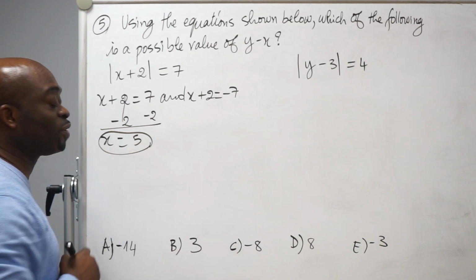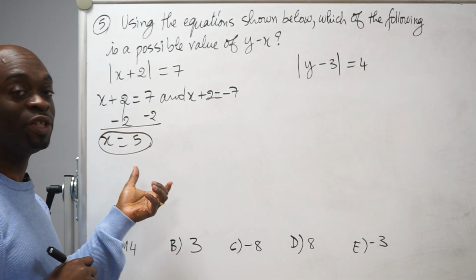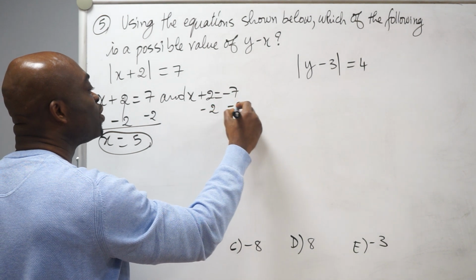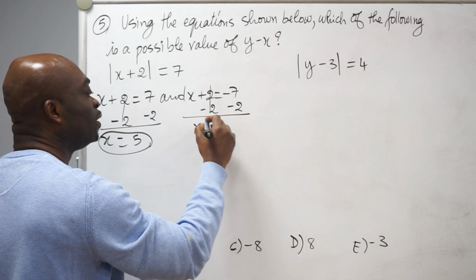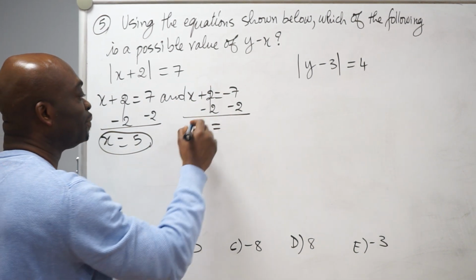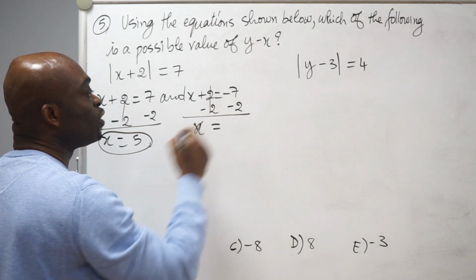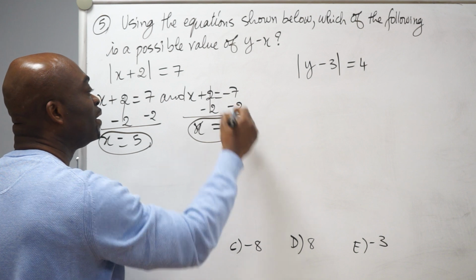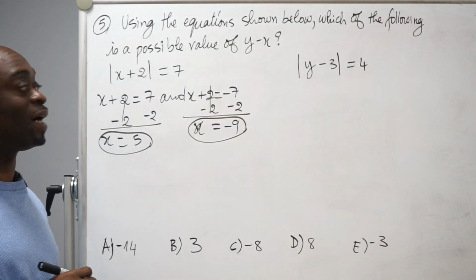So that would be the answer from the first equation. Now we go for the second equation. We have negative 2, as usual. So x is equal to what? Negative 7 minus 2 is going to give us negative 9. All right? We add and we carry the sign.